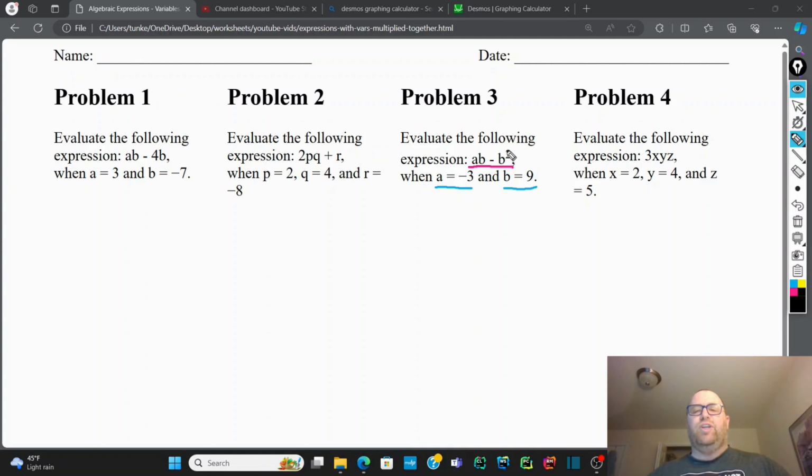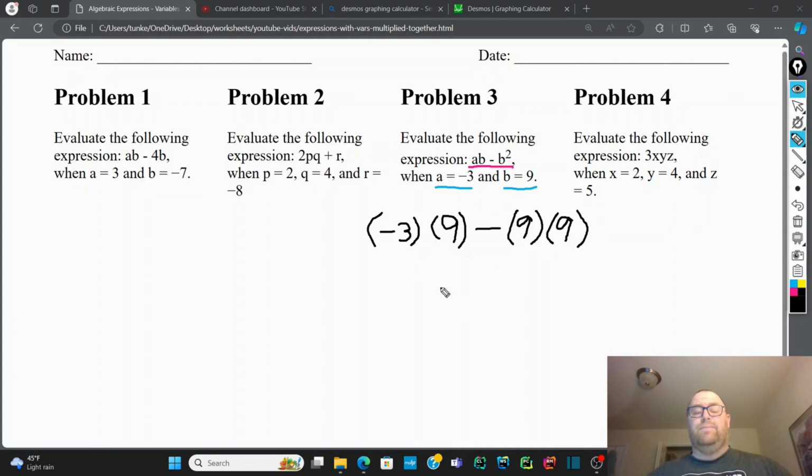Because we have an exponent of 2, we take two B's and multiply them together. So let's write this out. We're going to do -3, which is the A value, times 9. And we're going to subtract from that B squared, which is B times itself. So B is 9, so we're going to do 9 times 9.